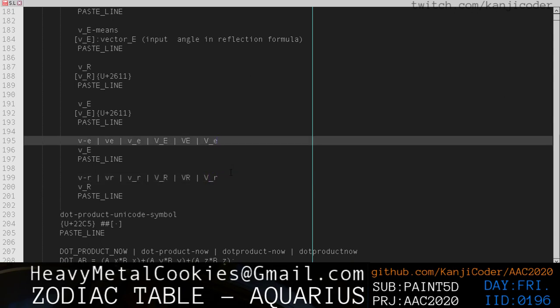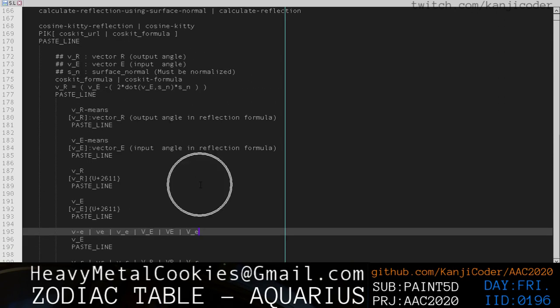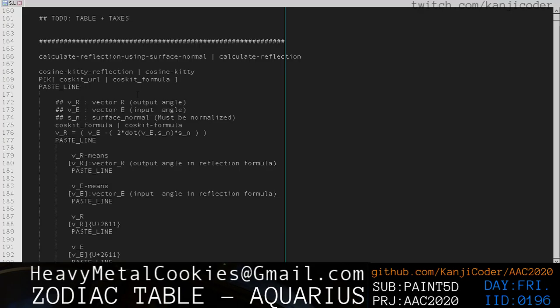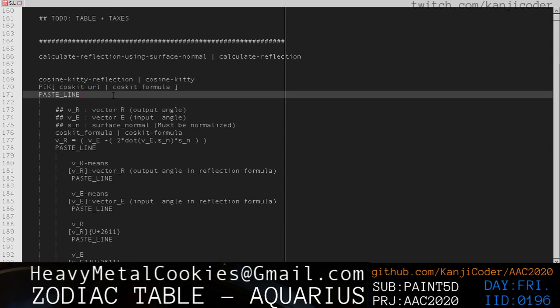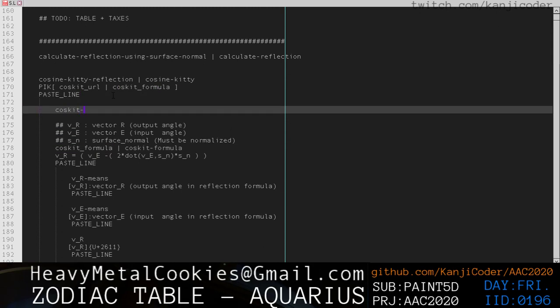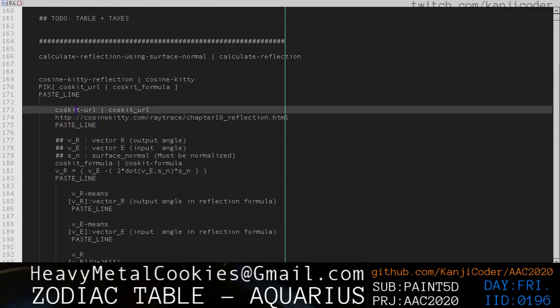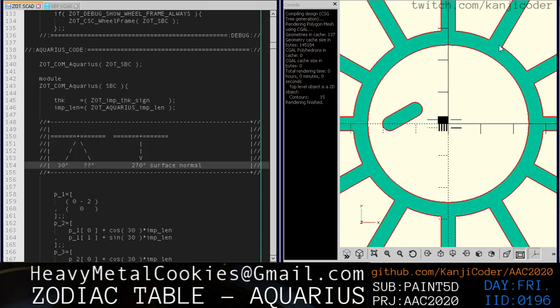Okay, so I have to take a break and go upstairs really quick. But let's make a note of this website that we're reading right now. We're going to keep on reading this, and then eventually we're going to figure out how to do this. So this is the cosine kitty formula, so we need a coskit URL. We'll keep on reading and trying to figure out this reflection stuff so that this angle goes up, and we are assuming a surface normal here, and we want to go back down.